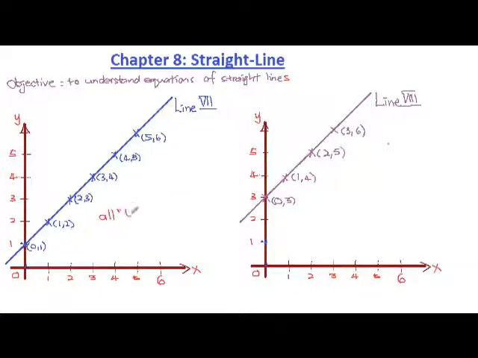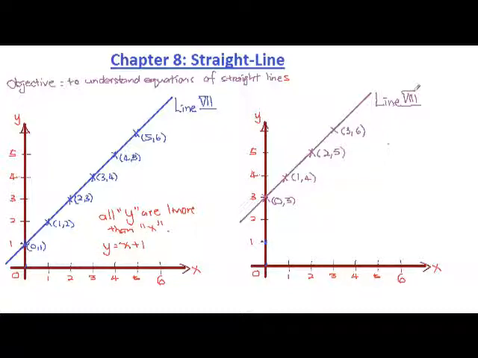All y are 1 more than the x. So this can be summarized as y equals x plus 1. And this is the equation of straight line 7.